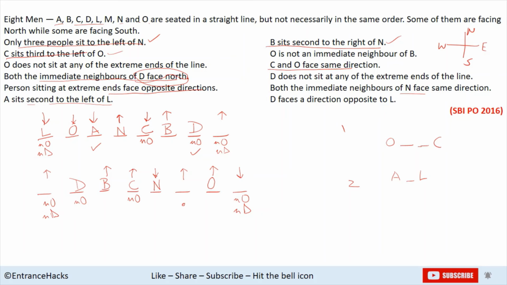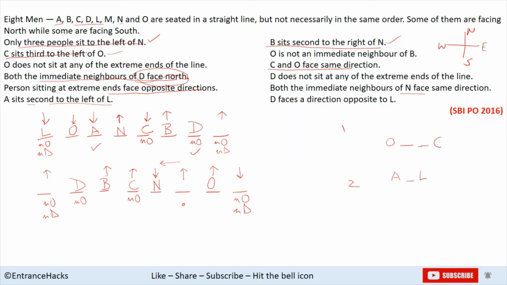Coming to the next option. So here if L comes here, so his left is this, right? So A has to sit here. So A cannot sit anywhere here.